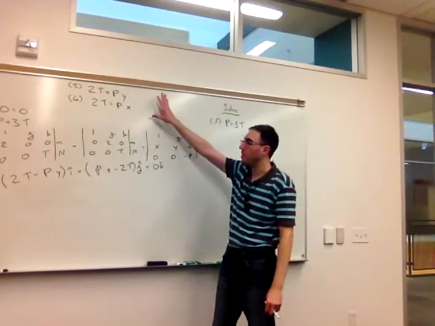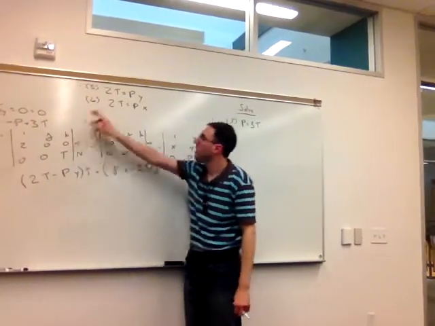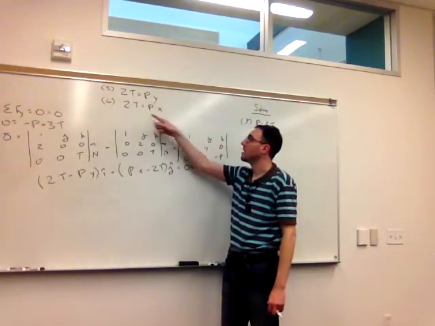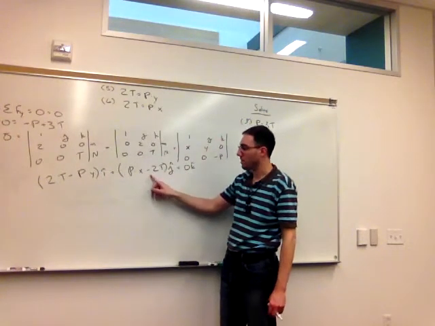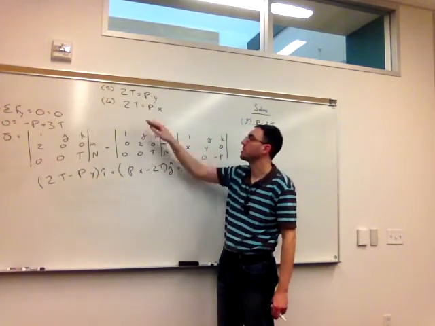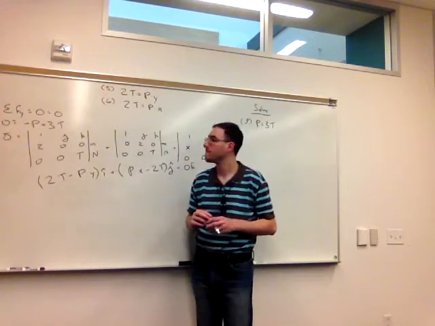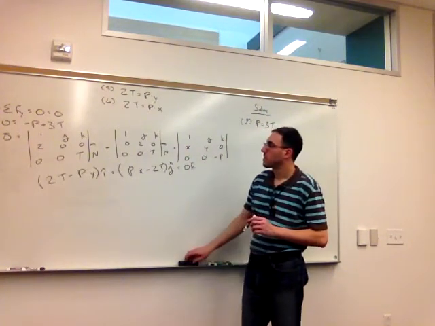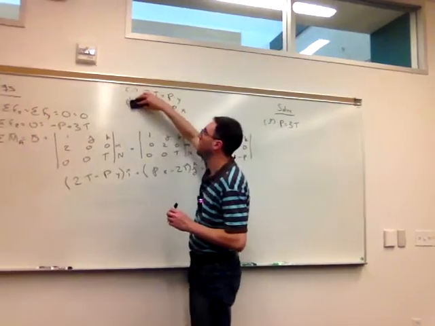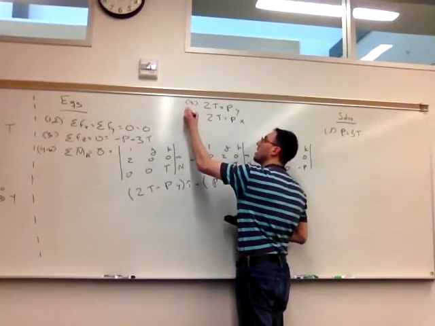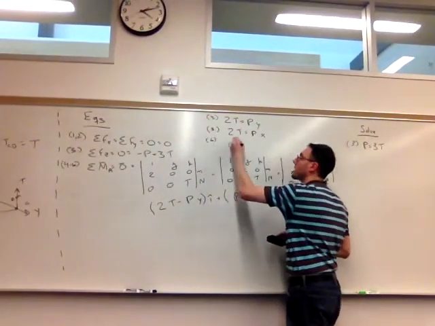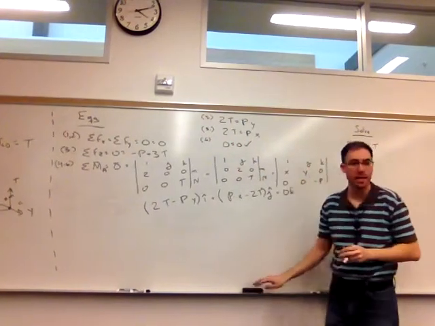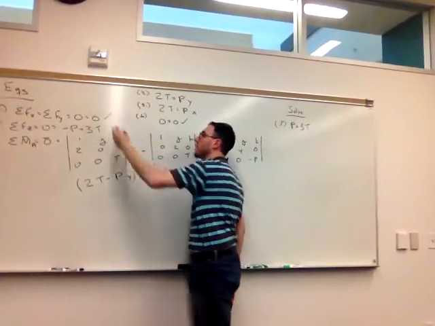I rearranged it a little bit here. Saying this equal to 0, 2T is P times Y. And saying this equal to 0, putting 2T on the other side, 2T is P times X. That's actually equations 4 and 5. From the last one, we just get 0 equals 0, which again is true, but doesn't add anything.